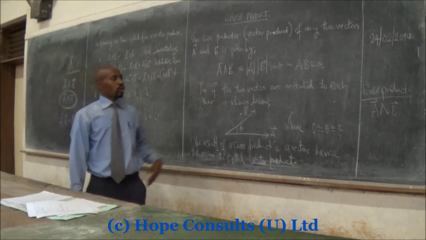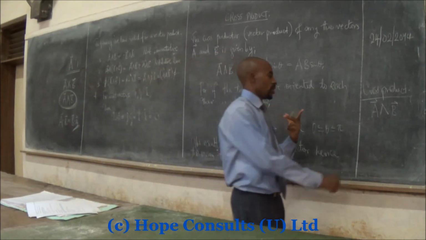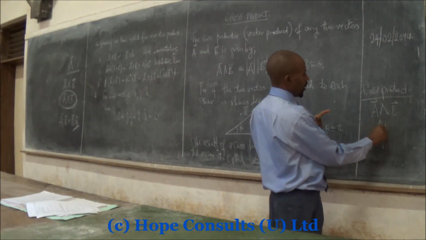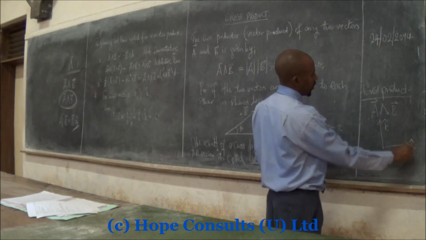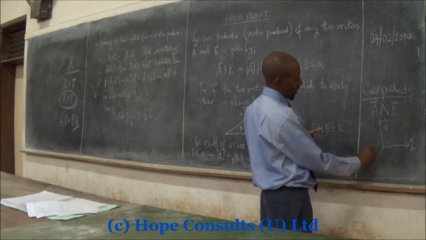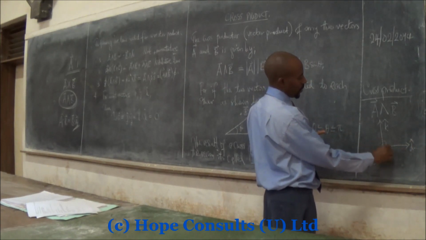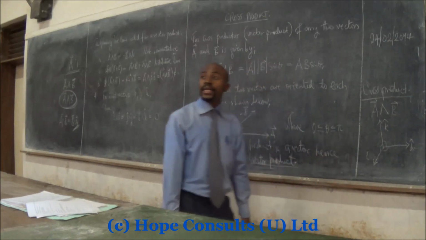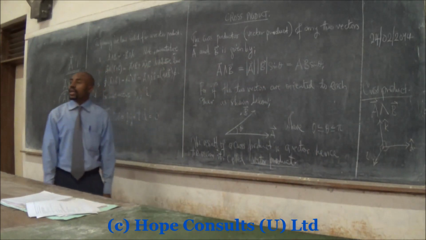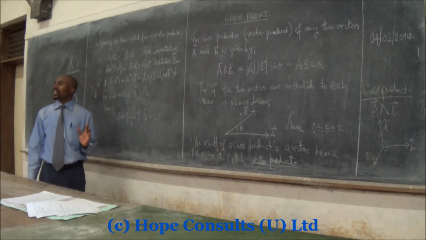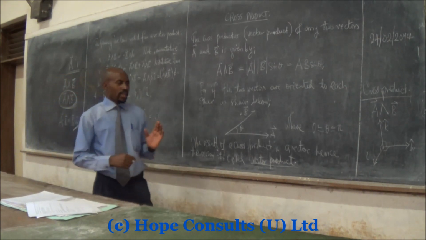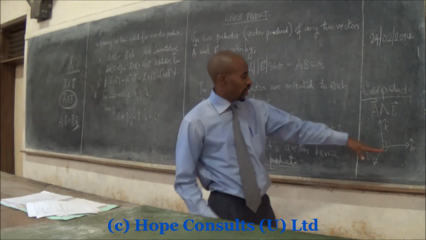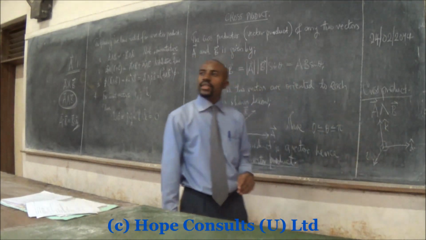According to the right hand rule, this being our K, this being our J, this being our I, the angle between them is all 90 degrees, and the angle between each of the individual vectors II, JJ, KK is 0.